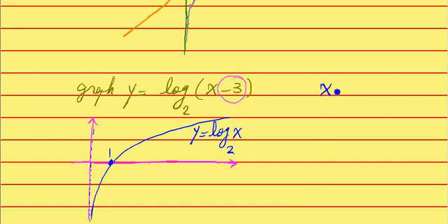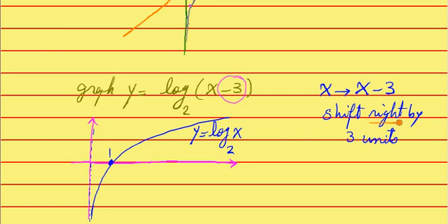So if you take x and replace it by x minus 3, the net effect on the picture is that it's going to shift to the right by 3 units. Somewhat puzzling to students that we are actually going to move right.